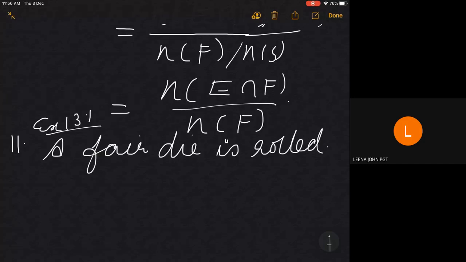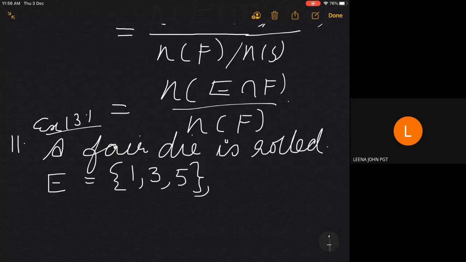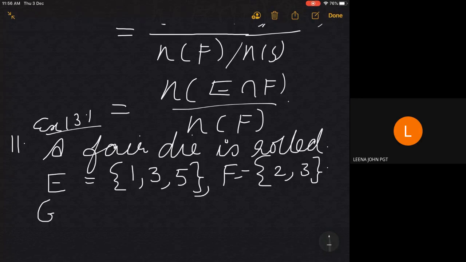And it is given that E equals the set 1, 3, 5, F equals the set 2, 3, G equals the set 2, 3, 4, 5.